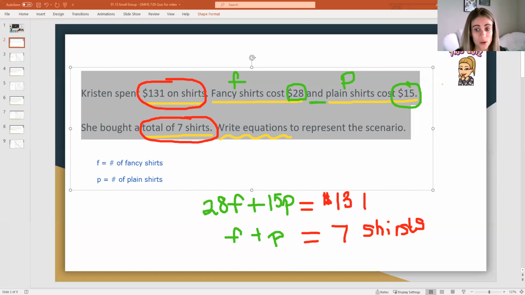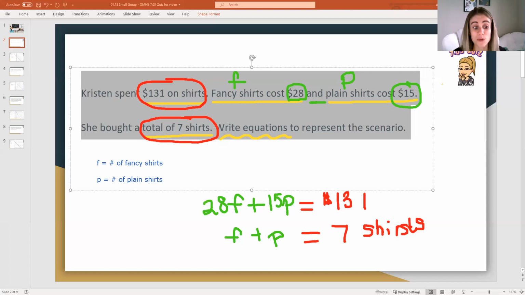And that right there will get us our equation. Now you could either choose to change these into slope-intercept form and solve by graphing, or you could use the method we learned today and set them up so that one of your variables is eliminated, and eliminate them.